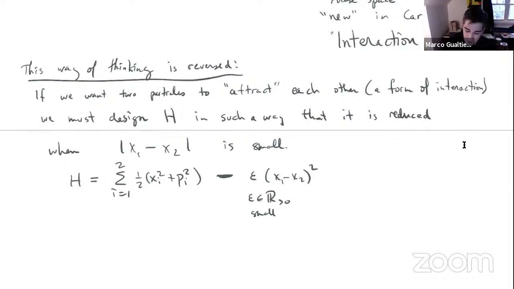Yeah. So let me put a plus here, and that makes them attract. You see, because this term is always positive, and it's always big when the distance is big. So the only way to make it smaller is to reduce the distance between them. So if epsilon is positive, this would be an attractive force. And if it's negative, it would be a repelling force.